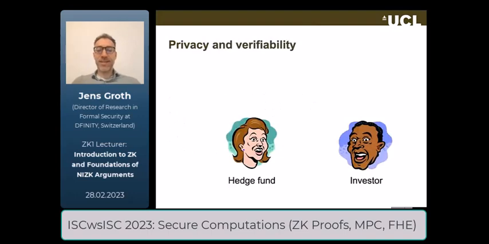Okay, so zero knowledge proofs tackle at their core a fundamental contest between privacy and verifiability. Quite a few years ago, there was a hedge fund led by a guy called Bernie Madoff.